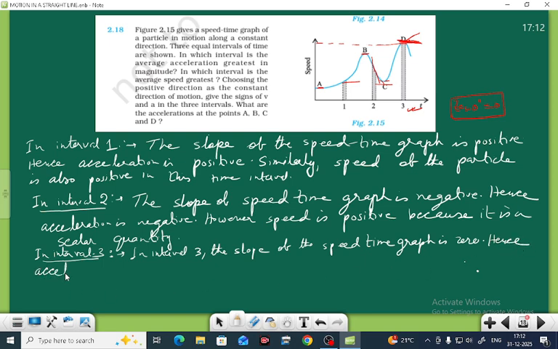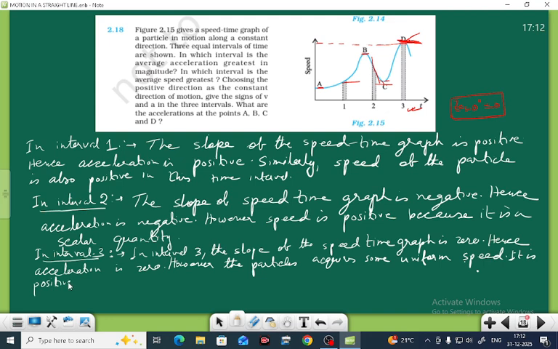However, here the particle acquires some uniform speed. It is positive in this time interval.